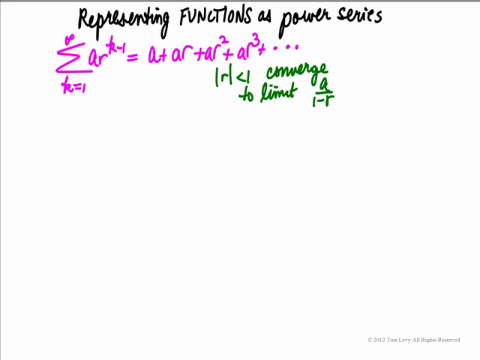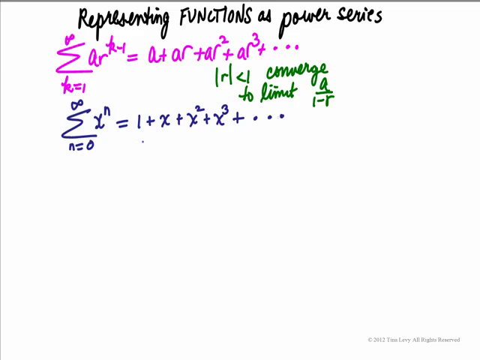So we're going to take this as our basis, and from this we're going to create a special geometric series that's a power series. We're going to look at the series as n goes from 0 to infinity, x to the n. If we write out the first few terms, it's x to the 0, which is 1, x to the 1, x squared, x cubed, and this will go on and on indefinitely.